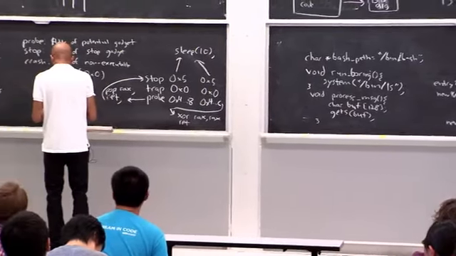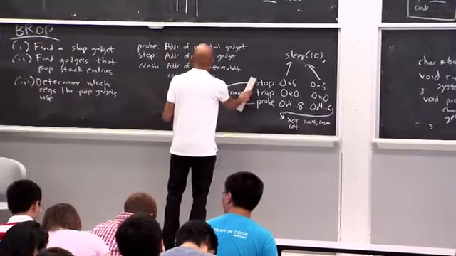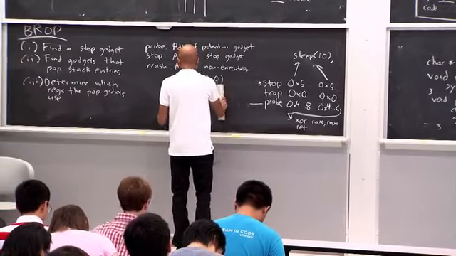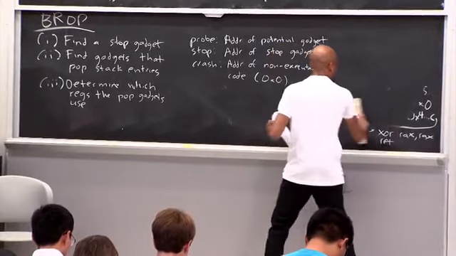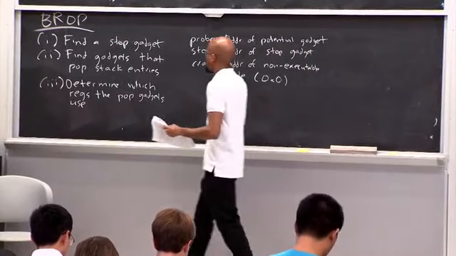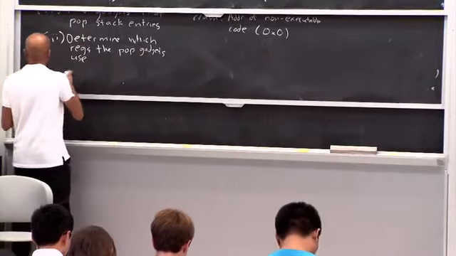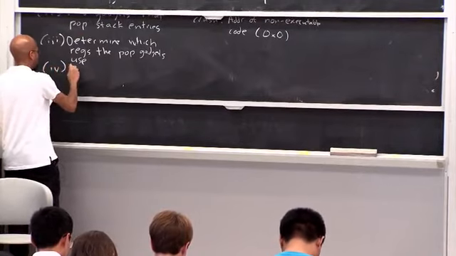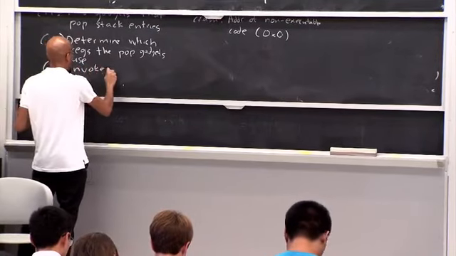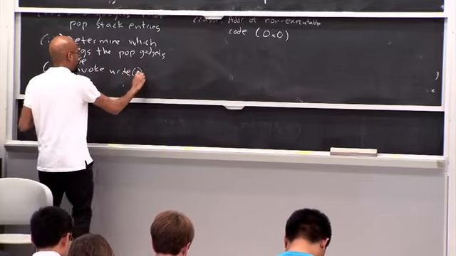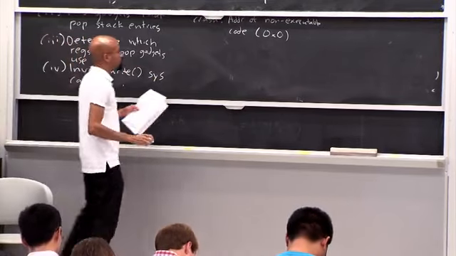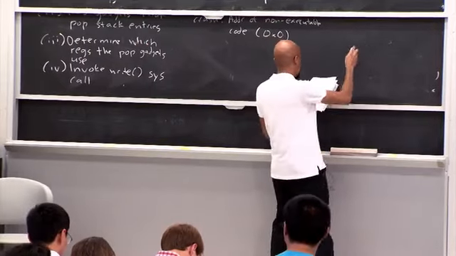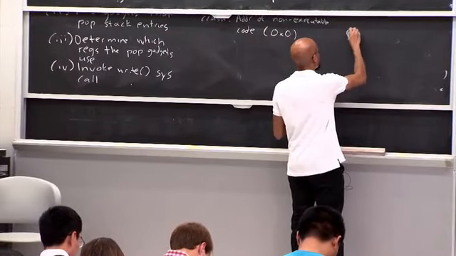Okay, and so now, step 4 is going to be to invoke write. Step 4 is invoke the write system call. So to invoke write, we need to have the following gadgets.